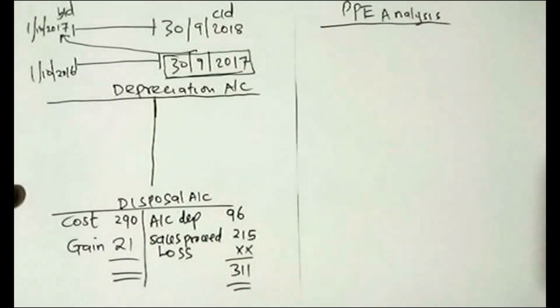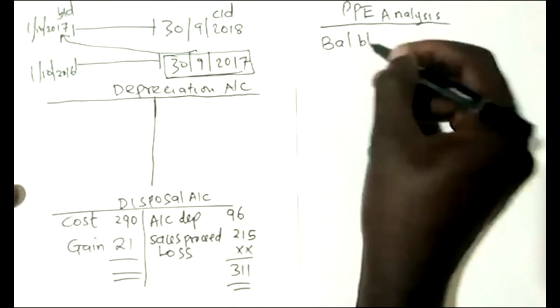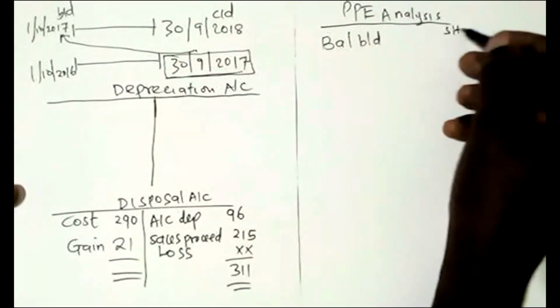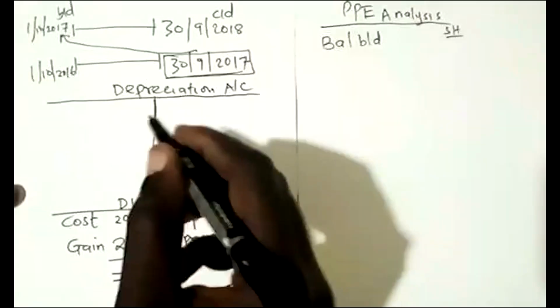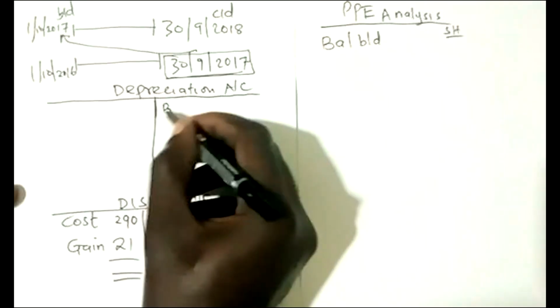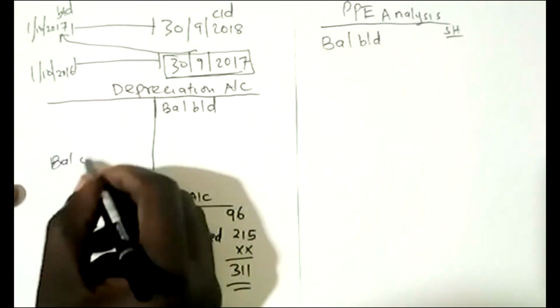This is part of the adjustments done in the operating activities. Then for the PPE balance brought down, this one we do direct. Then for the depreciation, balance brought down here, then balance carried down here.